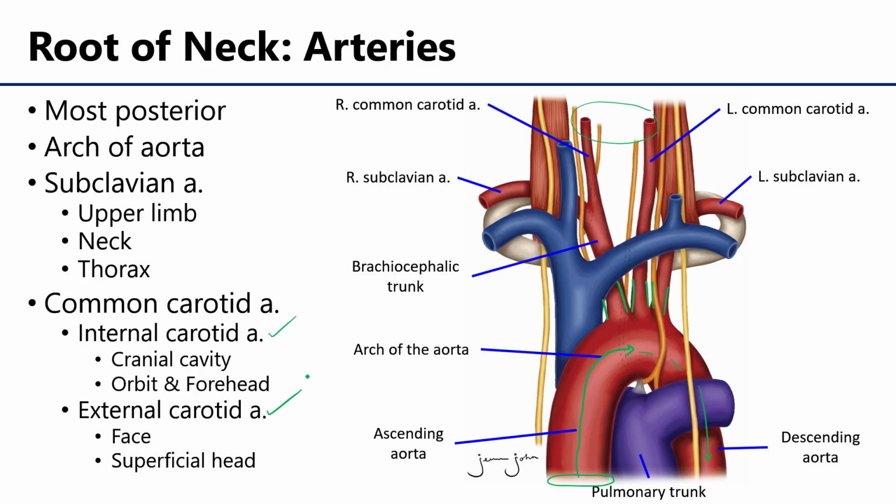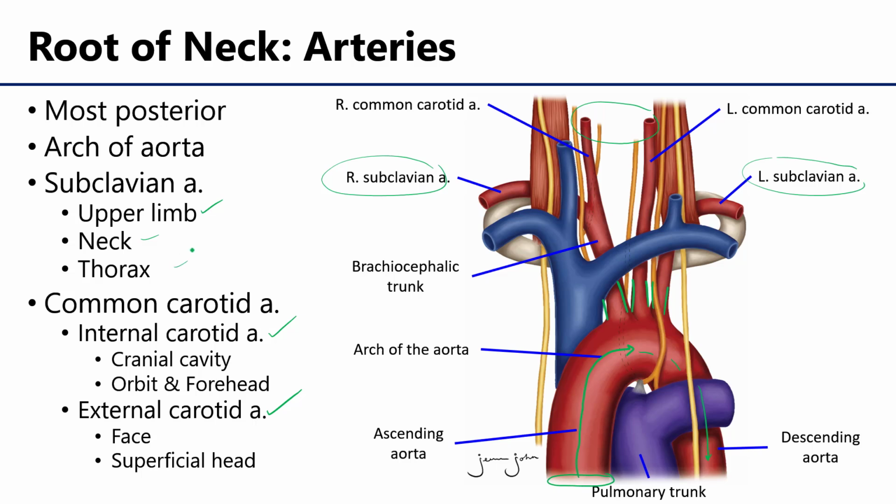In the vicinity of the root of the neck, what we really care about are these subclavian arteries. Subclavian arteries are going to be the predominant blood flow to the upper limbs, but they also are going to have various branches to serve both the neck and thorax.